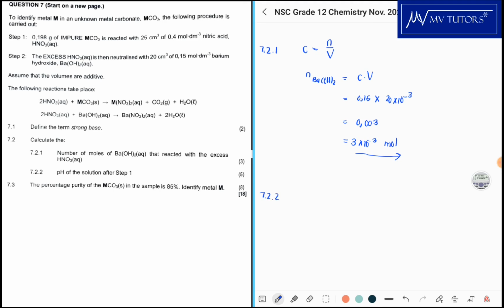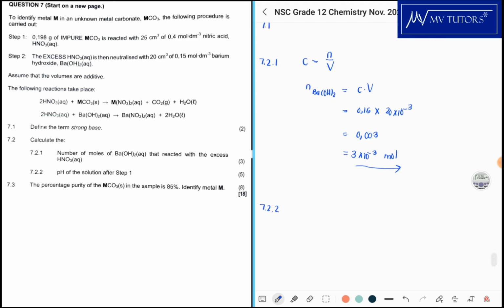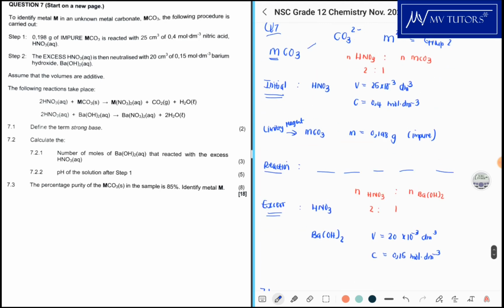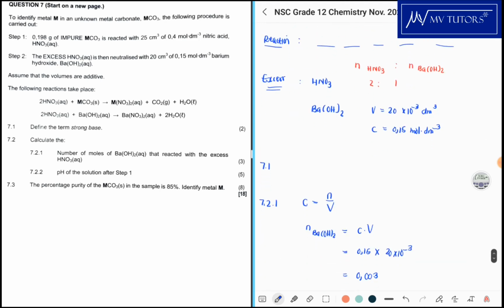7.2.2. Now it says calculate the pH of the solution after step 1. Remember with step 1 we have our nitric acid reacting with the metal carbonate. So we have our initial condition, we have the reaction, and then we have the excess.